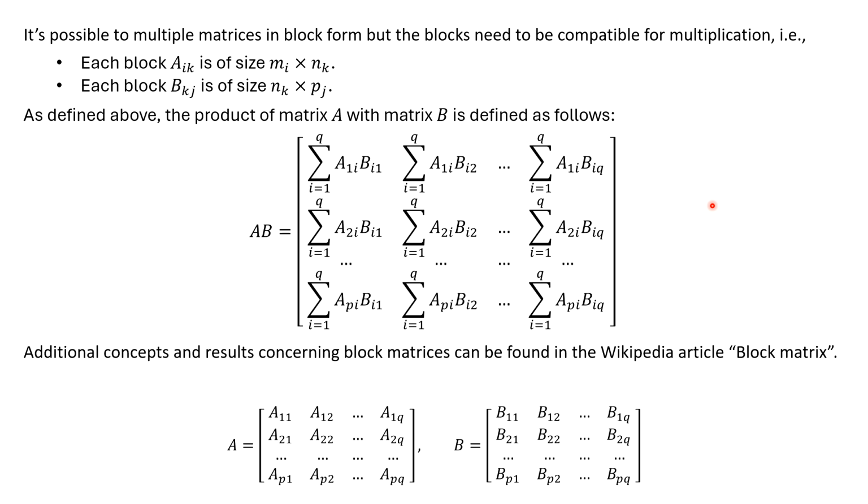It looks like matrix multiplication where you just have scalars, but when you multiply these things together, you're actually multiplying matrices. So you have summations of matrix products in the result instead of just the summation of a product of scalars as you have with normal matrix multiplication.